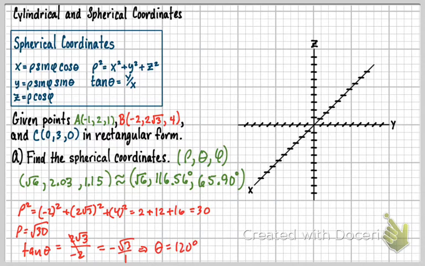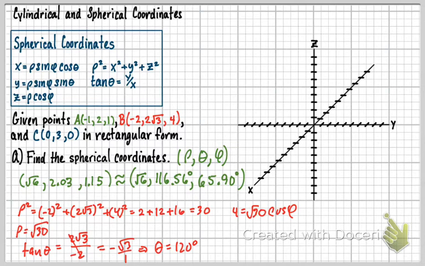Now I need to find my phi. For phi, I'm going to use this equation here: z equals rho cosine phi. My z then is 4, so 4 equals, and my rho, which I calculated already, is square root of 30, times cosine phi.